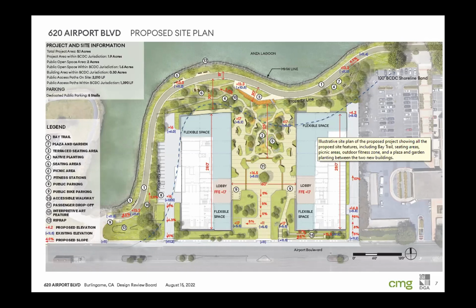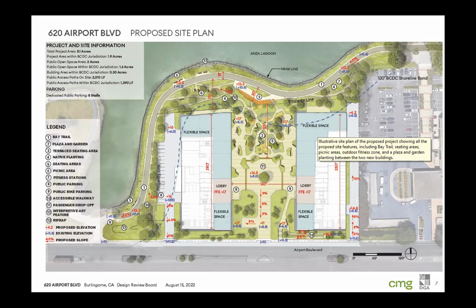Quick run through those 7 objectives: making public access as public as possible, making it usable, providing, maintaining and enhancing visual access to the bay, the shoreline, maintaining and enhancing the visual quality of the bay, providing connections and continuity along the shoreline, taking advantage of the bay setting, and ensuring that public access is compatible with wildlife through siting, design, and management strategies. And then we have 3 questions.